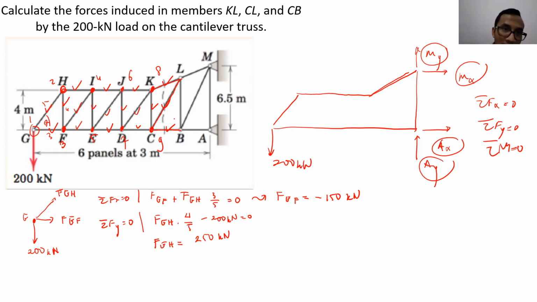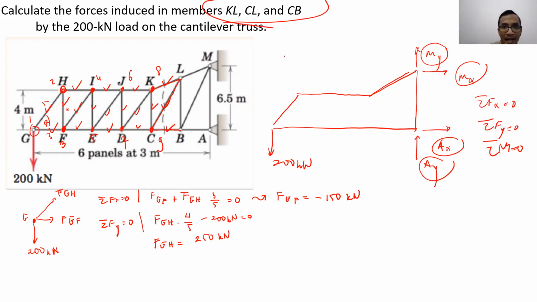After we analyze 9 joints, we will be able to solve for KL, CL, and CB. Correct, right, Daniel? Yes, sir.